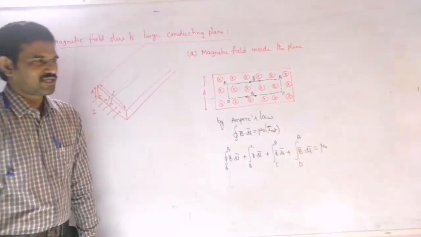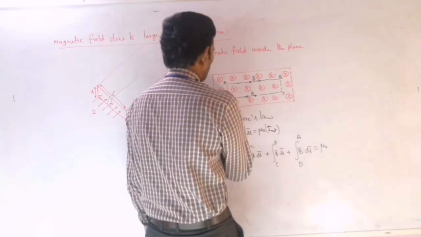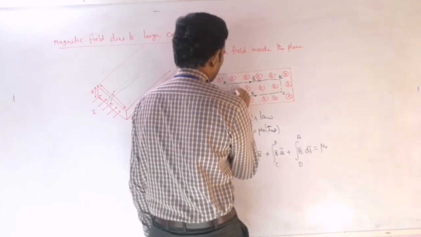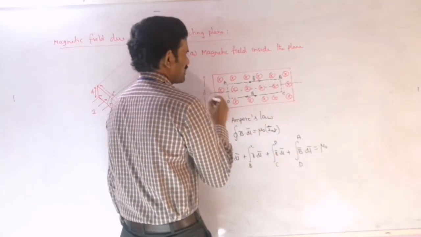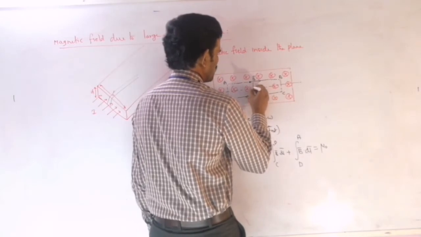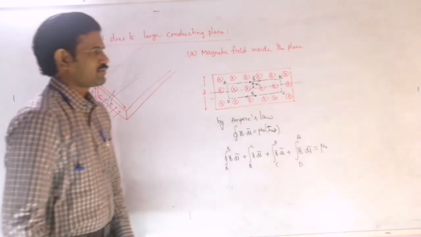For the net current, suppose I take this width from the central plane. This is the central plane I am assuming here. From the central plane of this thick plane, our point P is at a distance of x. Is it clear what I assumed?